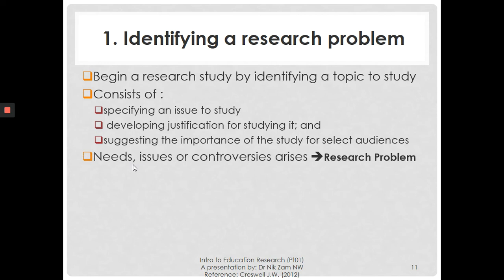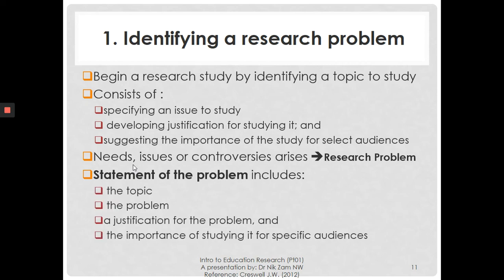The need, issues or controversy that arise will form a research problem. And then research problem ni adalah sebahagian daripada statement of the problem ataupun yang kita panggilkan sebagai problem statement. So problem statement merangkumi topik itself, the problem, a justification for the problem, and the importance of studying it for a specific audience.